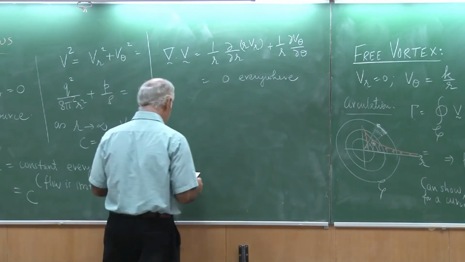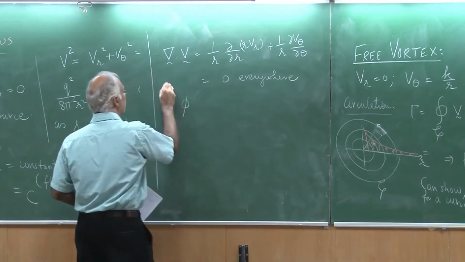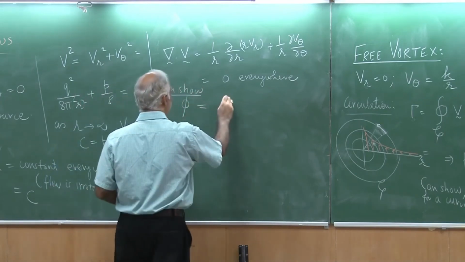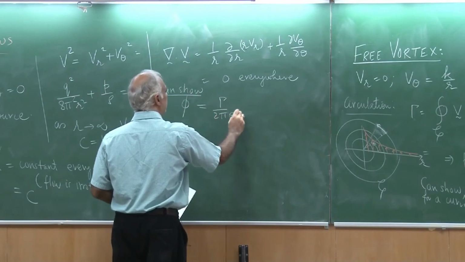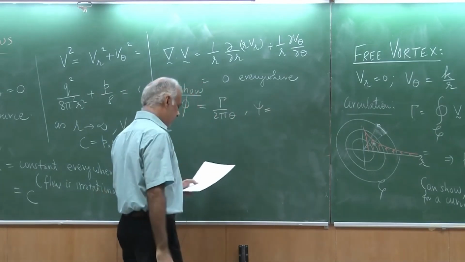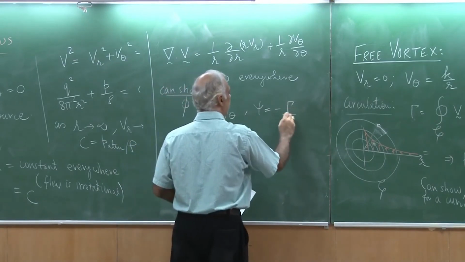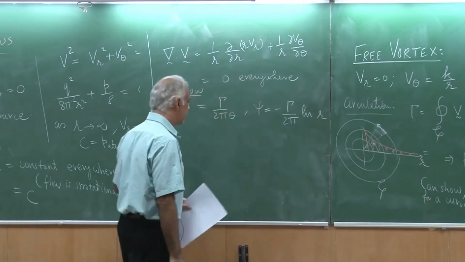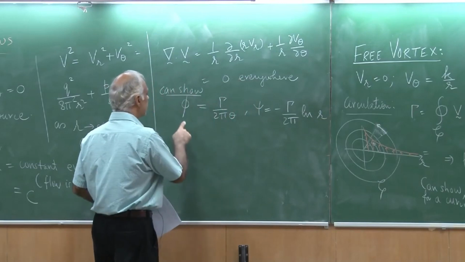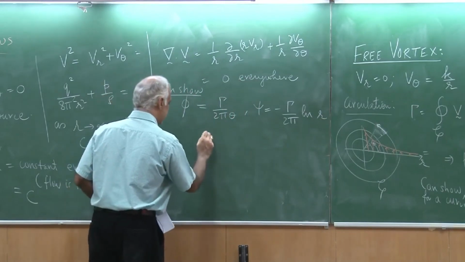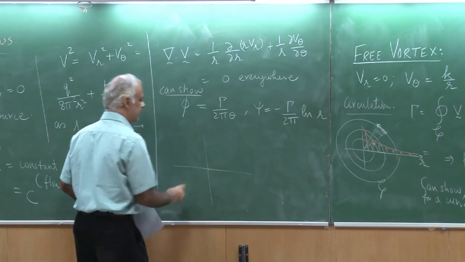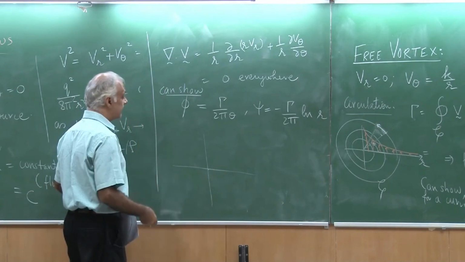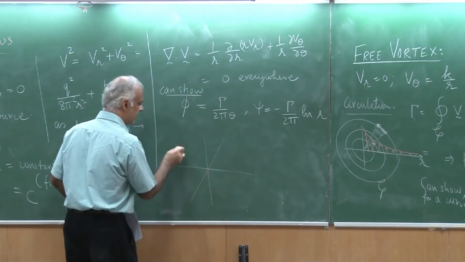What about the stream function and the potential flow? We can show that phi is given as gamma by 2 pi theta, and the stream function is given as minus gamma by 2 pi natural log of r. If I draw the equipotential lines, so let us say this is my axis, this is the origin, then the equipotential lines are essentially simply lines with constant theta.